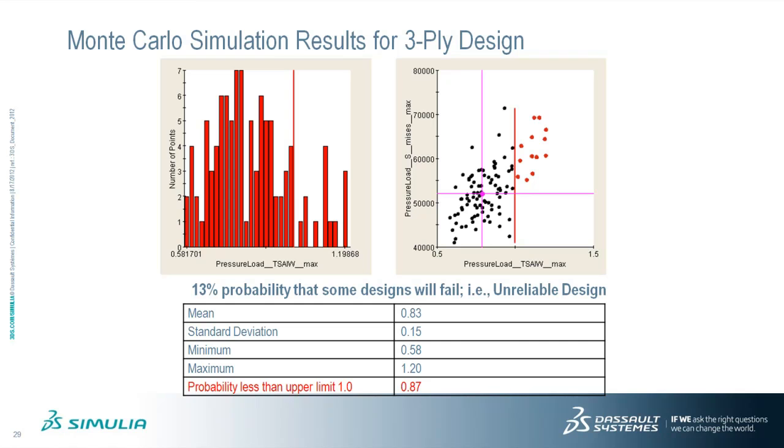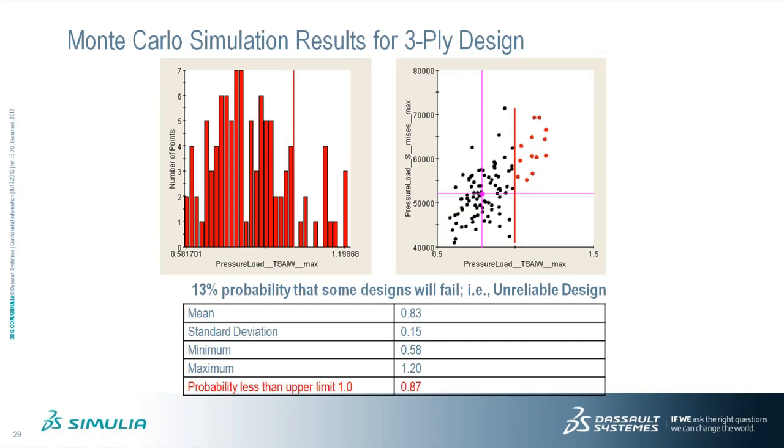If we look at the statistics, the mean of our designs still has a passing SIWU index of 0.83. Our standard deviation is 0.15, and then we have a minimum and a maximum, and our maximum is above our limit of 1.0. So we have an 87% probability that our design is going to be less than our critical limit of 1.0.